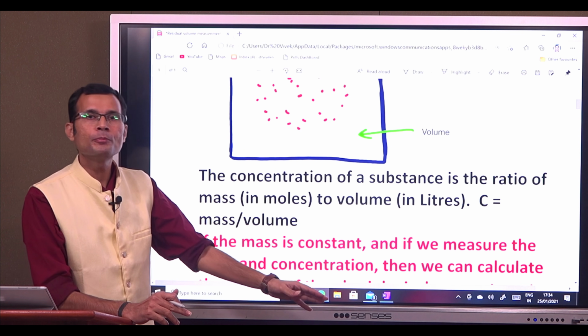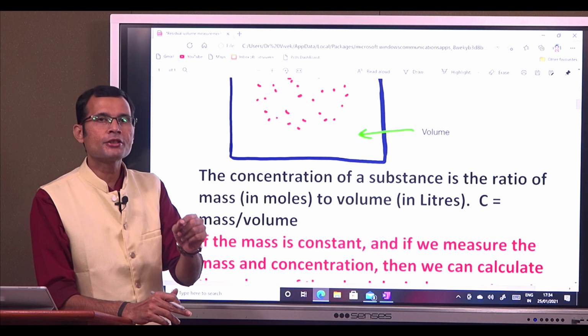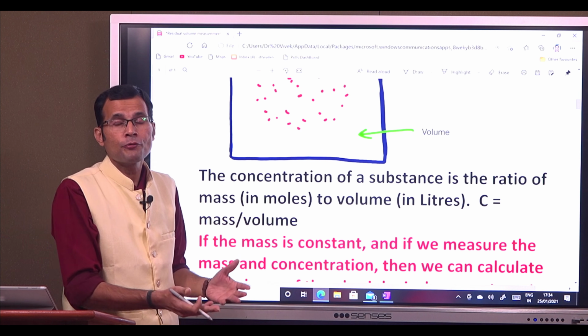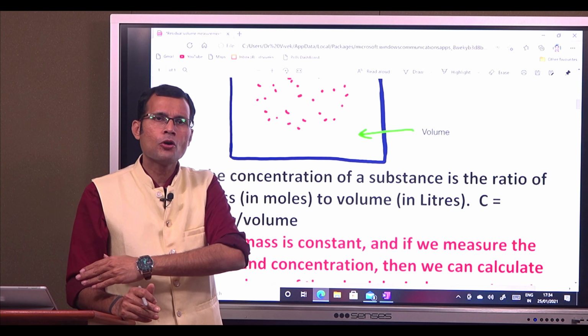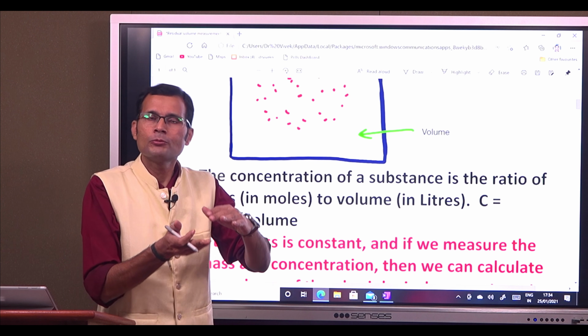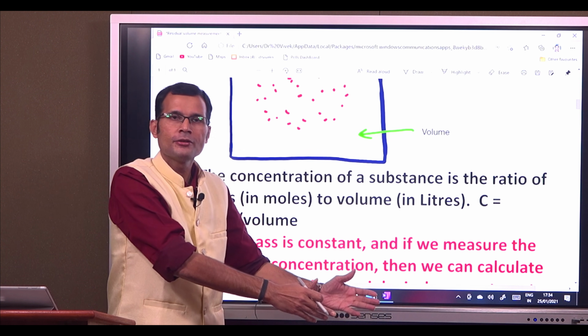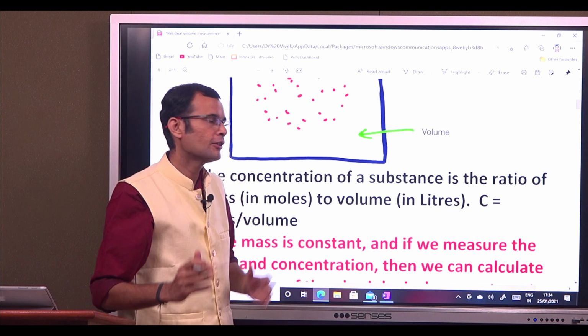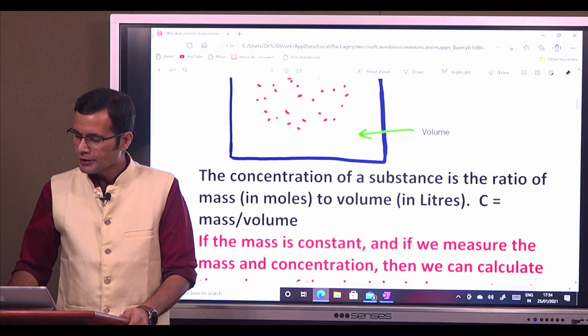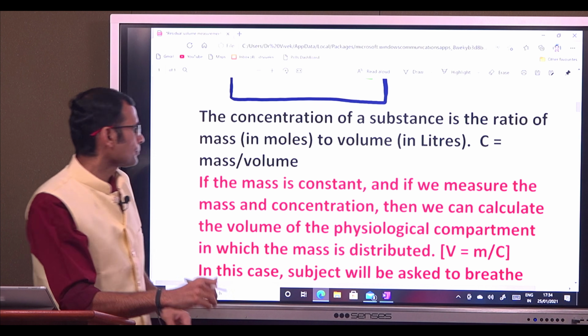Mass upon volume will be the concentration of that substance, and that is what we are going to measure. Once the helium is diluted, we will see the concentration of it, how much it got diluted. That's the basic principle.